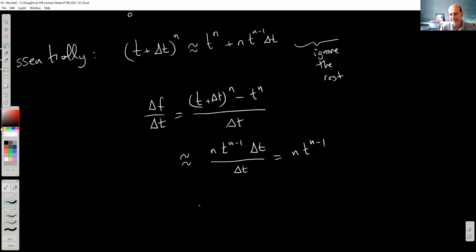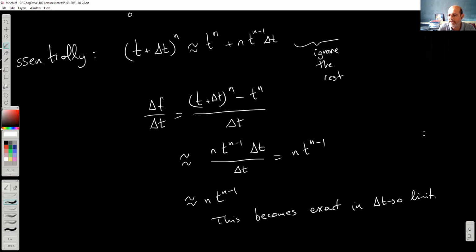We just get an approximate equality in here because we have ignored the remaining terms. And then we say that this becomes exact in the delta t goes to 0 limit. So this is how we are going to see this in calculus.